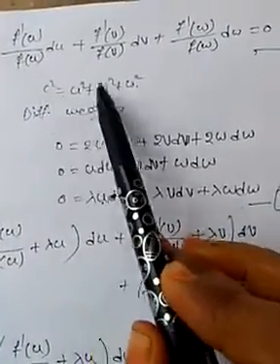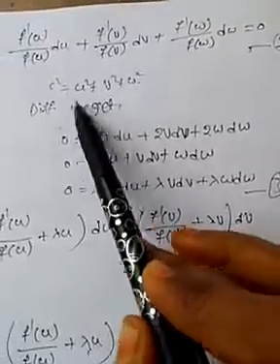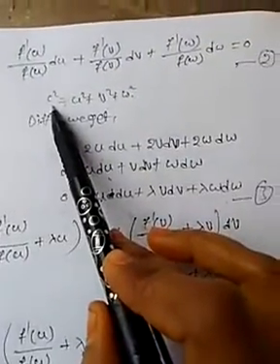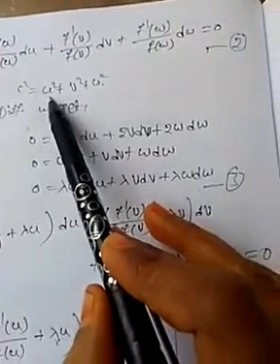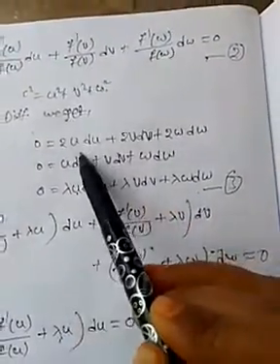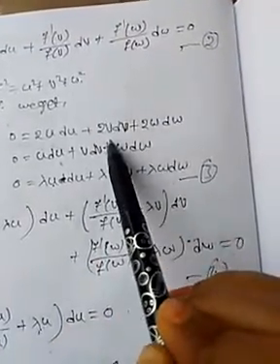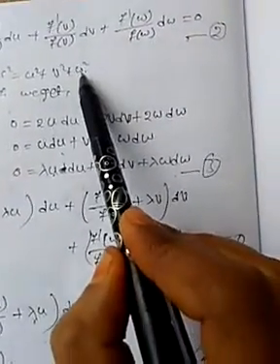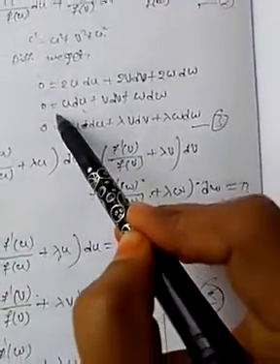And we have c square equals u square plus v square plus w square. Differentiating this equation, here c is a constant, so 0 equals derivative of u square, which is 2u du, derivative of v square, which is 2v dv, derivative of w square, which is 2w dw.